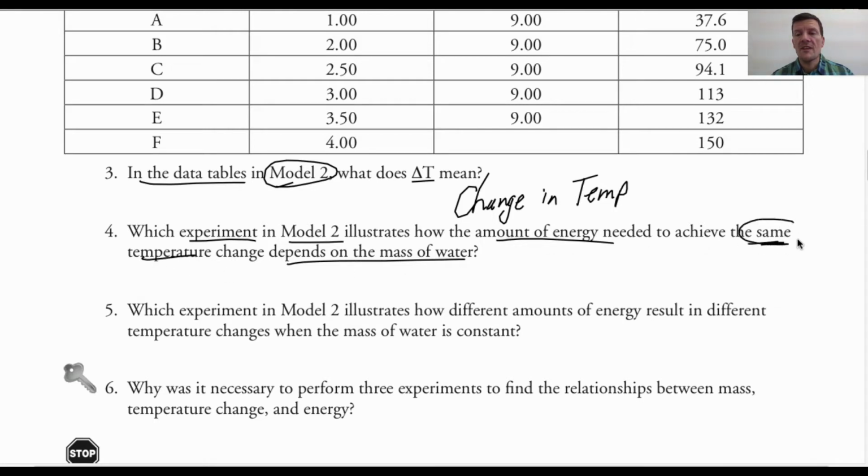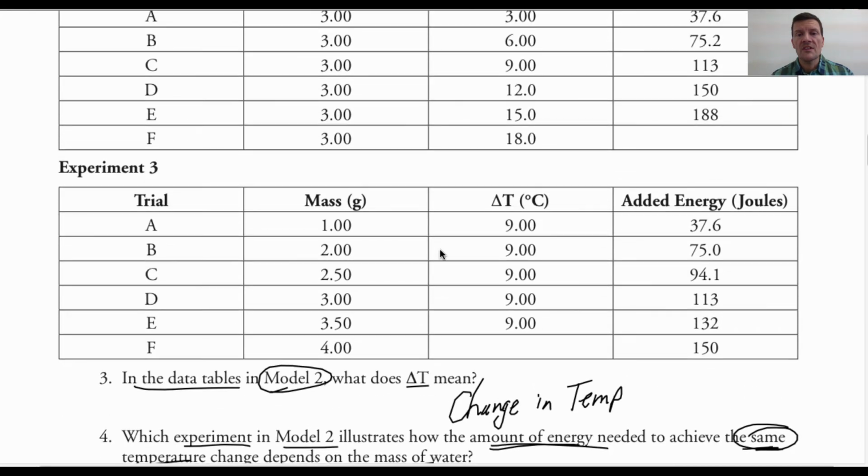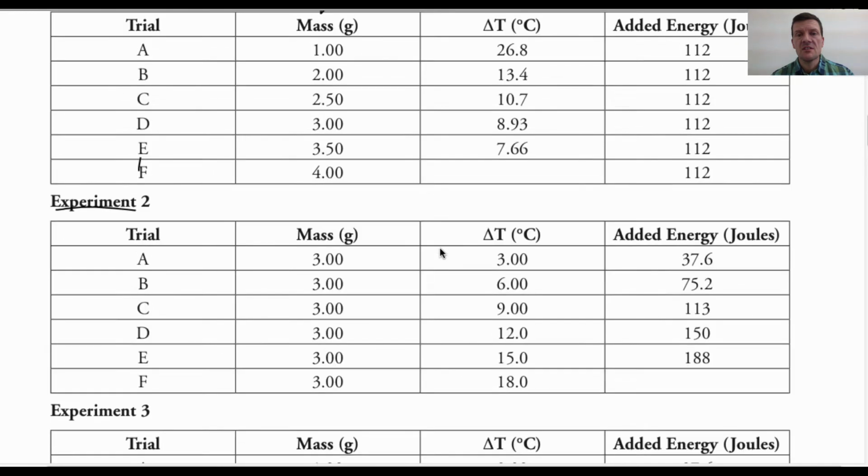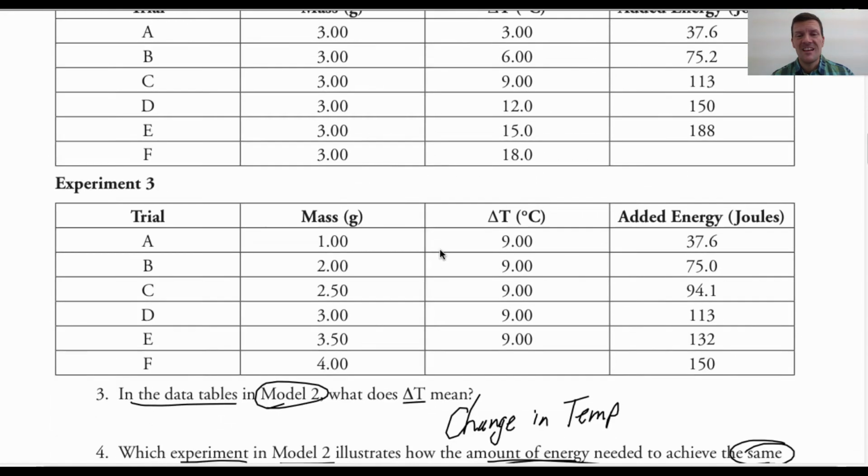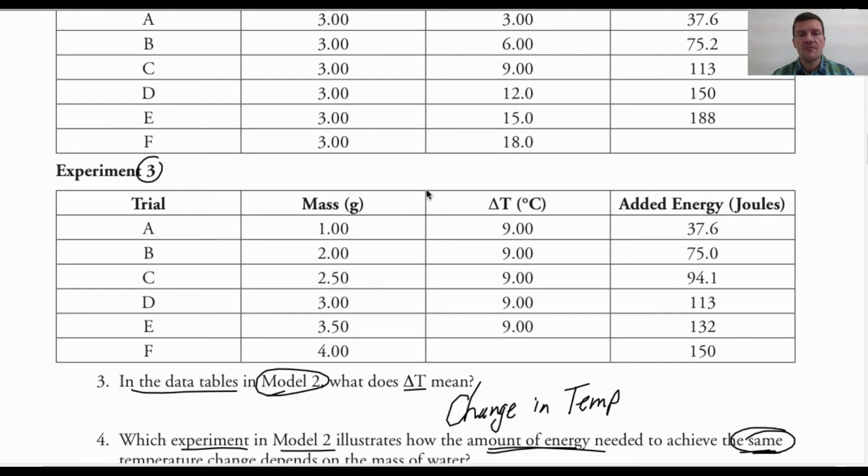So we're looking for the one that has the same temperature change, and the amount of energy depends on the mass of water. So we don't want the temperature change to change. That would be experiment number 3. Here you'll notice that delta T is constant, so that would allow us to compare mass and energy.